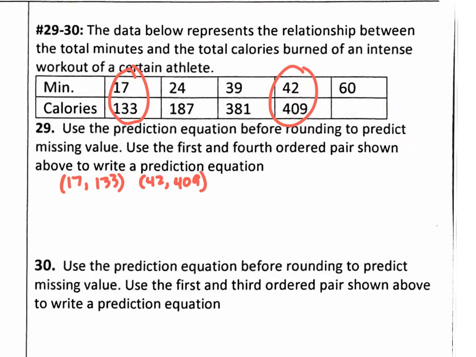First of all, a prediction equation, in this case, is going to be a line that best fits, and it's going to be in y equals mx plus b. Or you could use point slope form also, y minus y1 equals m parentheses x minus x1. I hope we remember this. Anyways, either form, we need slope.